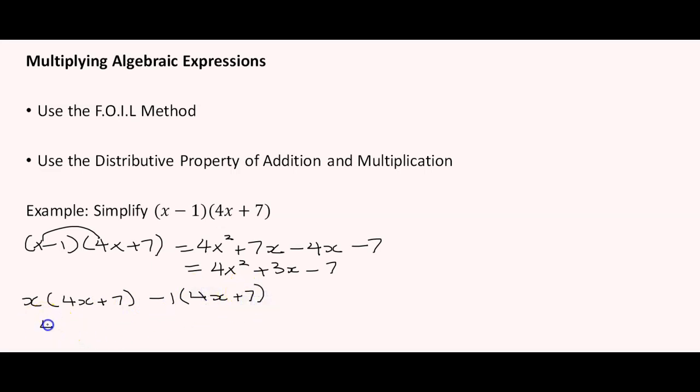So this is going to be 4x squared plus 7x minus 4x minus 7. And you can see that this is going to give us 4x squared plus 3x minus 7. So either of these methods will get you to your destination.